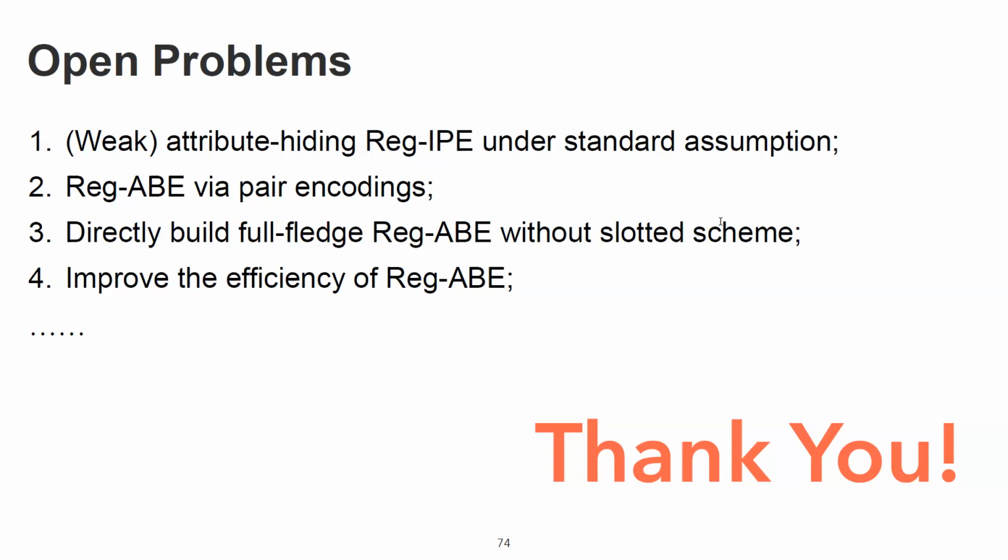To compute these two terms, we require some knowledge of value X. So even with the attribute-hiding predicate encoding, we still need some knowledge of value X to decrypt. So this is why the registered IPFE from our construction cannot achieve the trivial hiding.